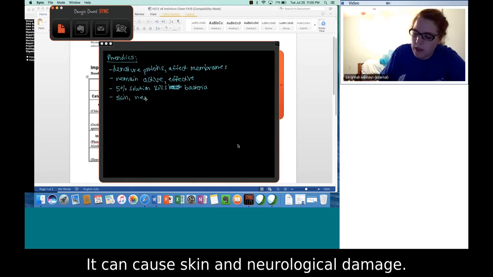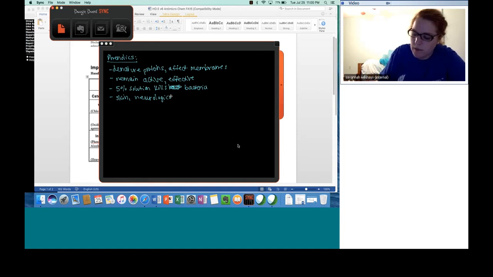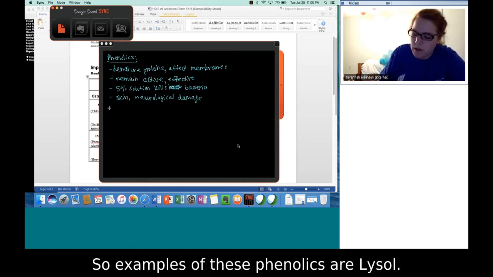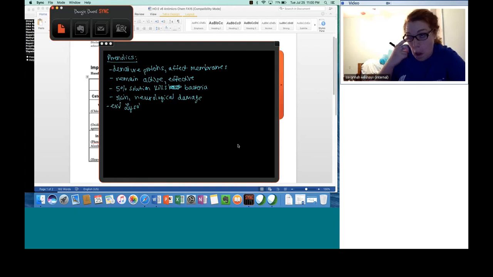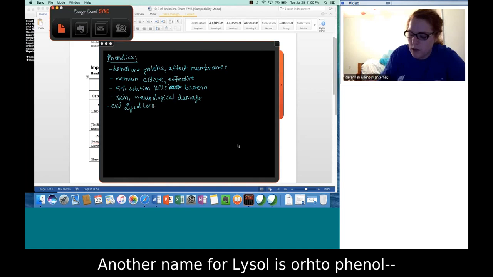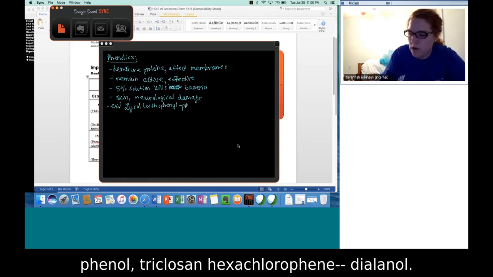It can cause skin and neurological damage. Examples of these phenolics are Lysol, another name for which is orthophenylphenol, triclosan, hexachlorophene, and xylenol.